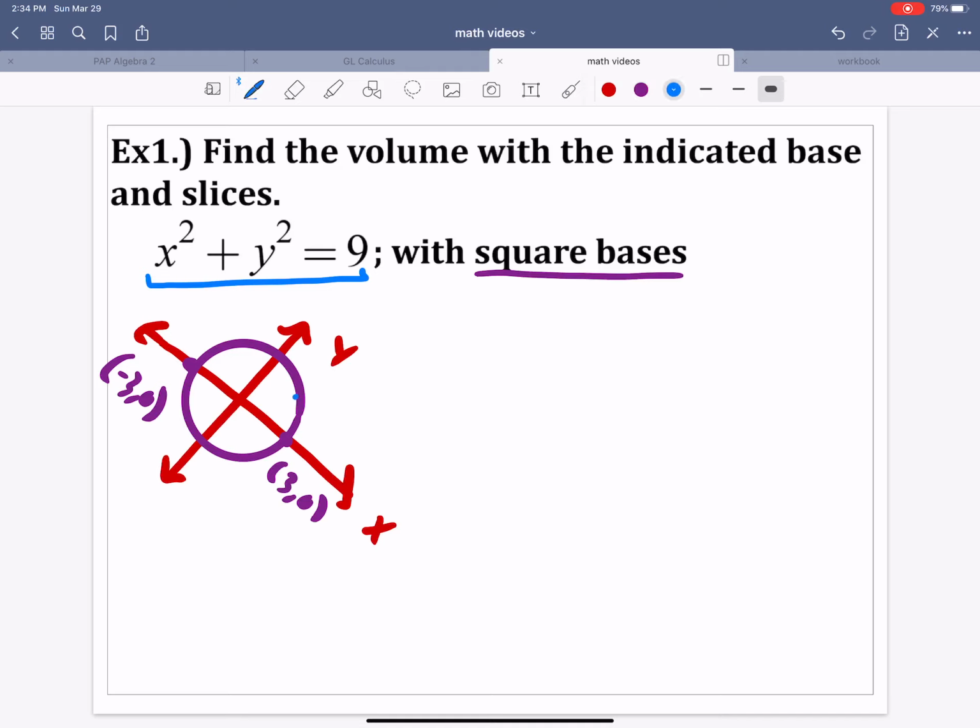So let's build one right here. We'll build one right here. We'll do one right here, and maybe try to sneak another one in right here. So again, what we learned in volume by slices part 1 is we're making whatever shape we're asked to make here, and we're constructing this by building these shapes that come straight up from the circle.